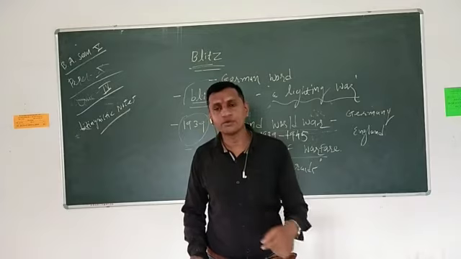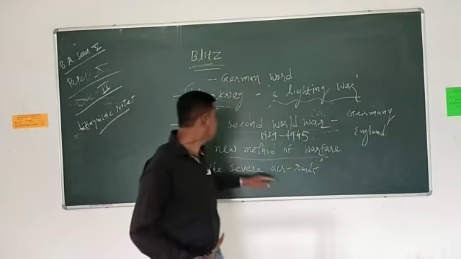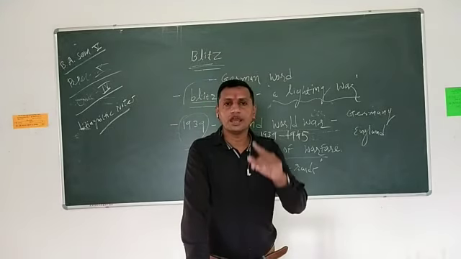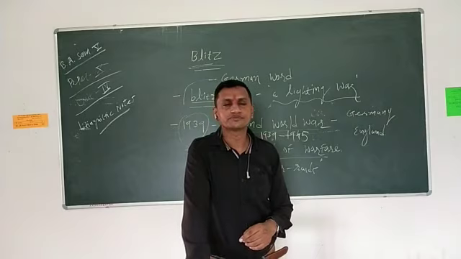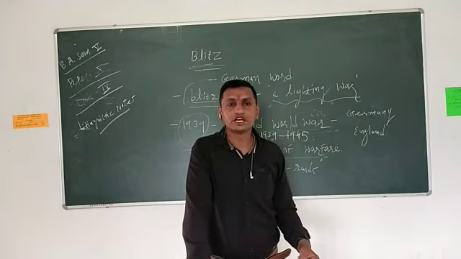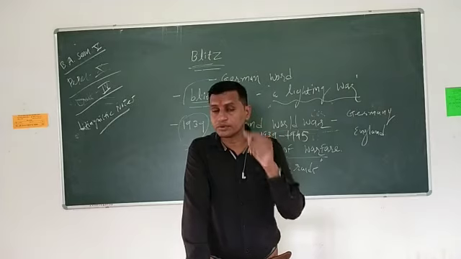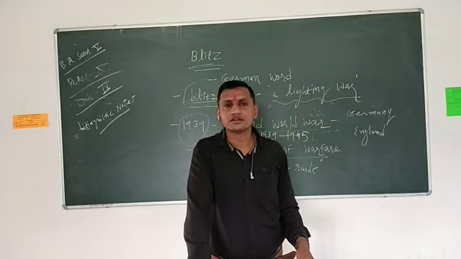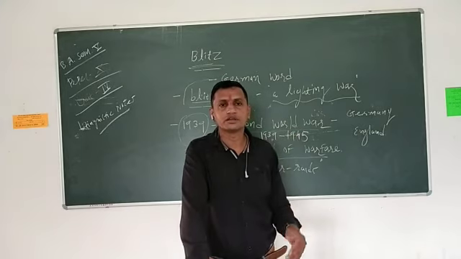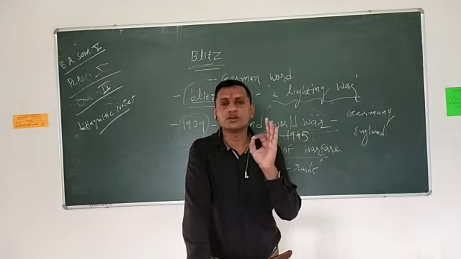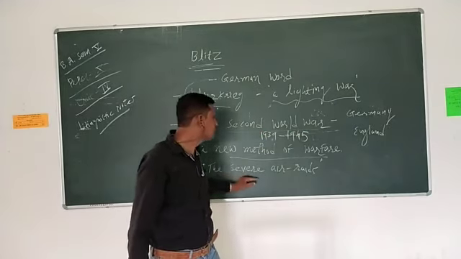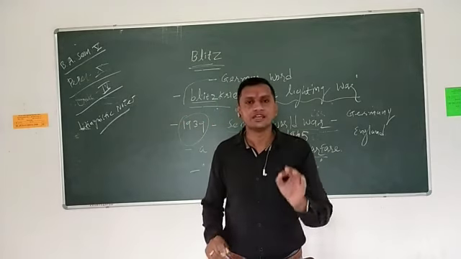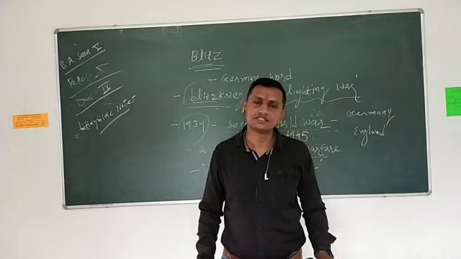During the Second World War in 1939, a new method of warfare was applied or developed by the German army, the Nazis. They attacked England suddenly and then returned to their own country. This word is known as a Blitz, or we can use the term air raid, not on land but an air raid. It is also called the Blitz.